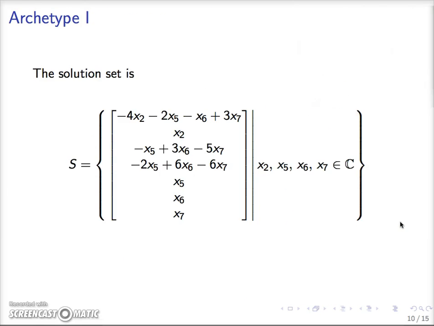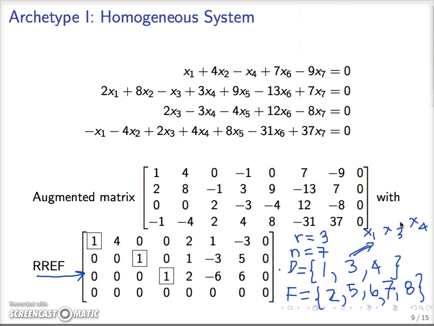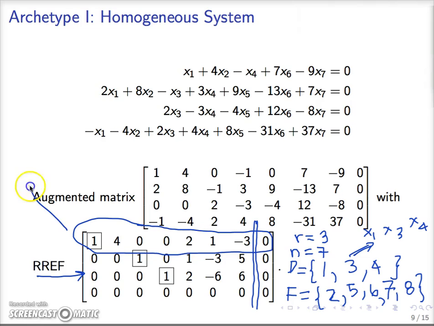By reading the information from rows 1, 2, and 3, realizing this is the RREF of the augmented matrix, we need to think of the last column as the vector of zeros. Let me do the calculation here.